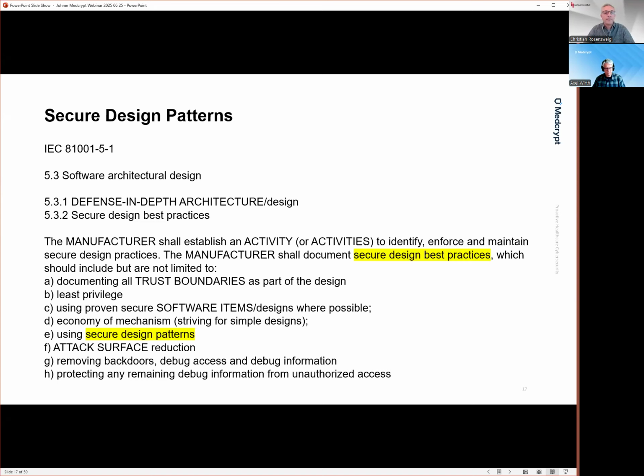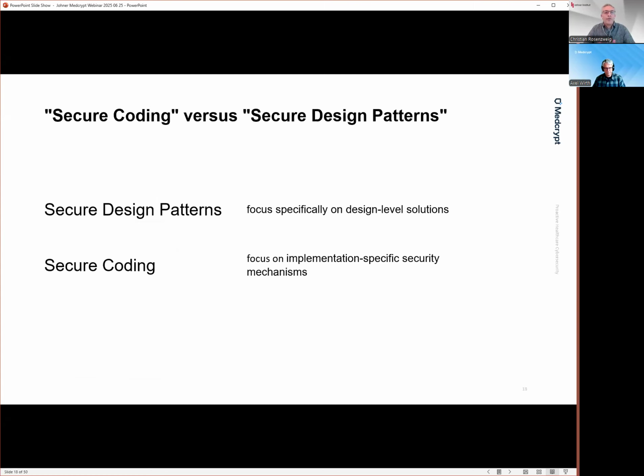Next slide, please. So the two terms, secure coding and secure design patterns, are not the same. Secure design patterns focus specifically on design level solutions, whereas secure coding focuses on implementation specific security mechanisms. So I would say secure design patterns is more related to the architects of the software, and secure coding is more related to the implementers, to the developers, to the programmers of the code.